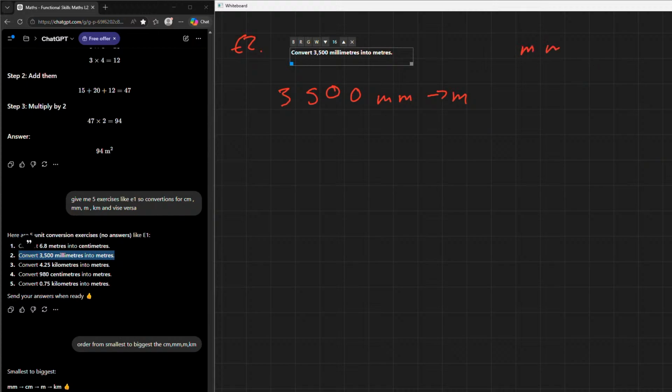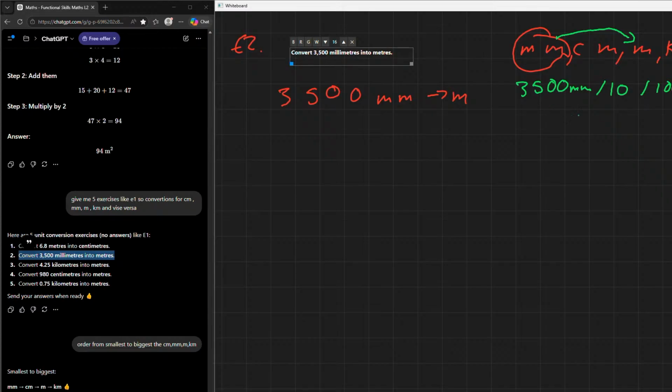So it was first this, then this, then this, then kilometer, and we want to go from millimeter to this, and here we had 3,500 millimeters times, no, we divide 10 and then divide again 100.